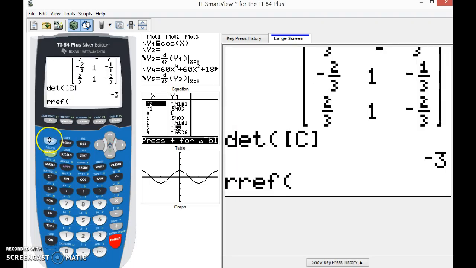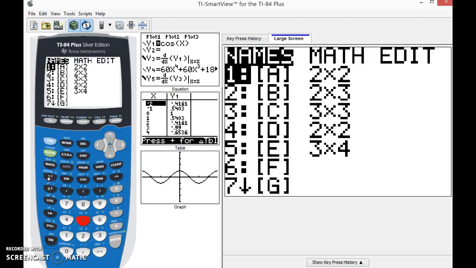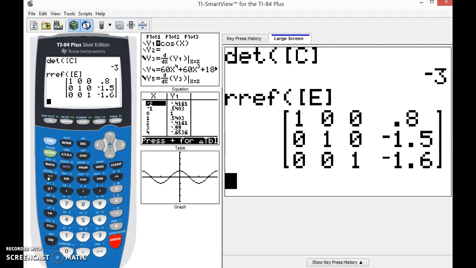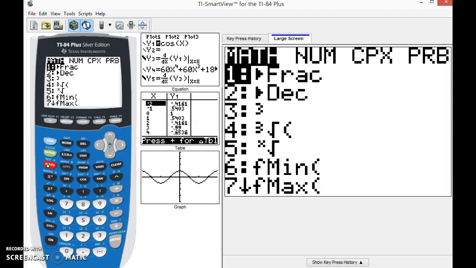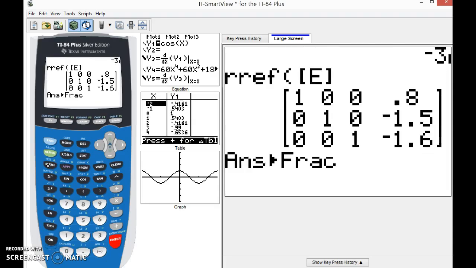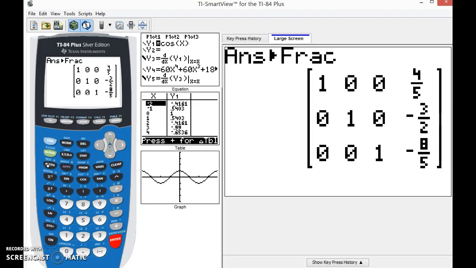And then grab matrix E. Matrix E would be an augmented matrix for a system. It was a 3x4. And so it will put that in reduced row echelon form for me, again, in a fraction of a second. And again, if I would rather have it in fraction form, then I can ask it to switch it over.